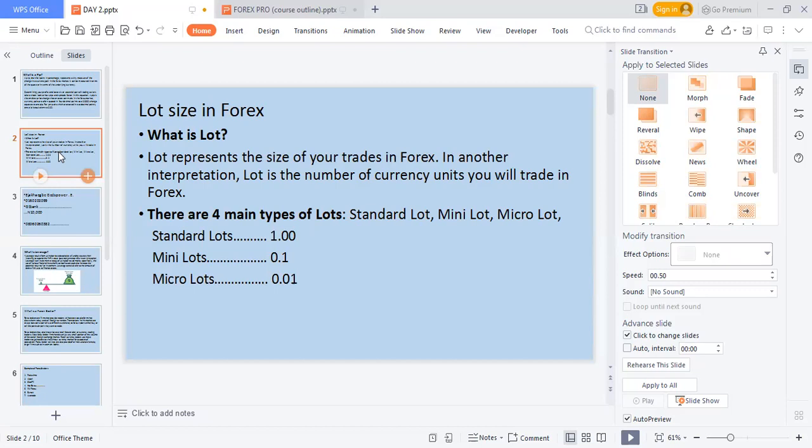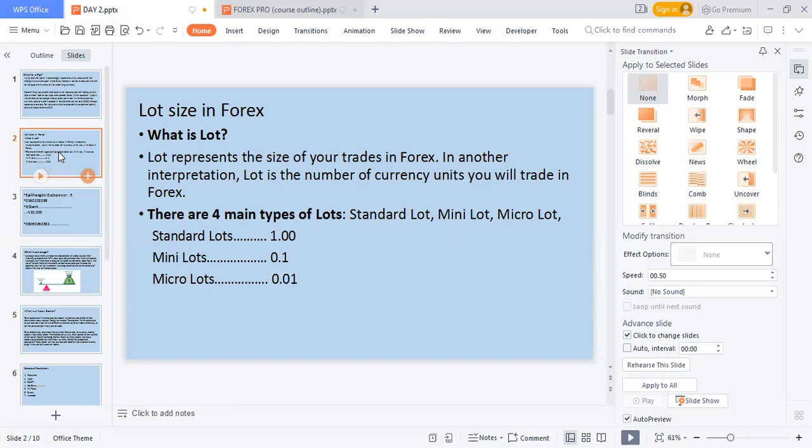Lot size actually determines the volume of your money in the forex market. Not only does it determine your volume, lot size can also predict if you can lose in the forex market quickly or you'll be able to manage your account. I see some people when they trade and sometimes I wonder what is happening. Imagine somebody is having a $100 account. The person is supposed to use a lot size of 0.01.